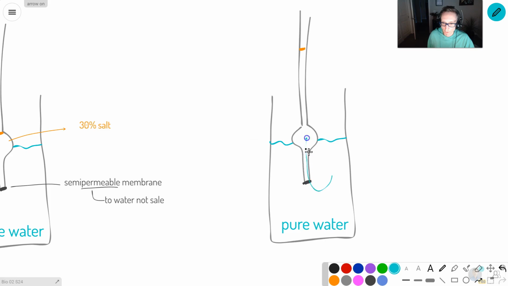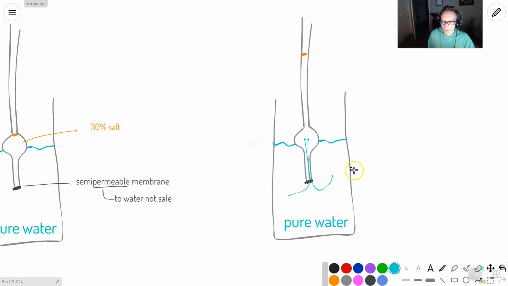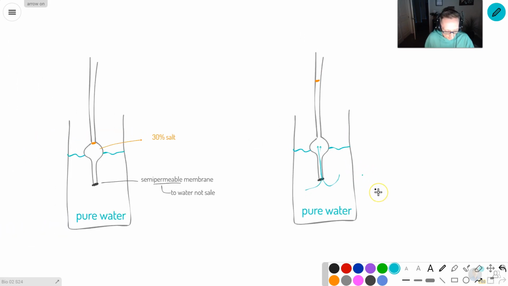And so we can actually have water defy gravity. It's pretty nifty. So water will defy gravity because osmosis is such a strong force.